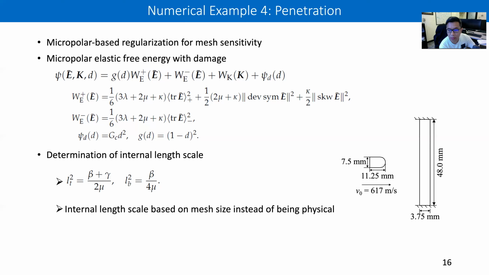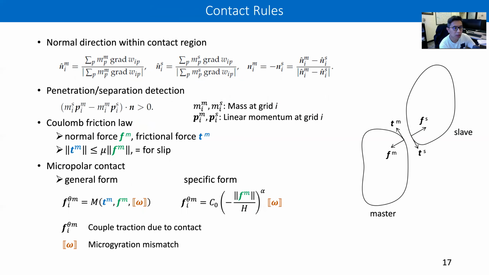And we also simulate a contact problem. This is an interpenetration problem, and we use a master-slave contact model. Basically, there are two background meshes, one for the bullet and another for the background material. We try to detect the penetration and separation based on the momenta. If the material is in contact, we apply the frictional contact response, and we detect the normal directions based on the gradient of the velocity.